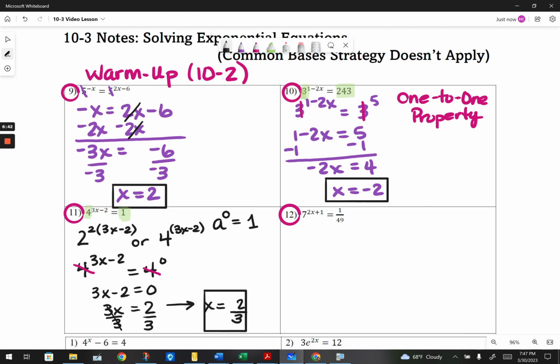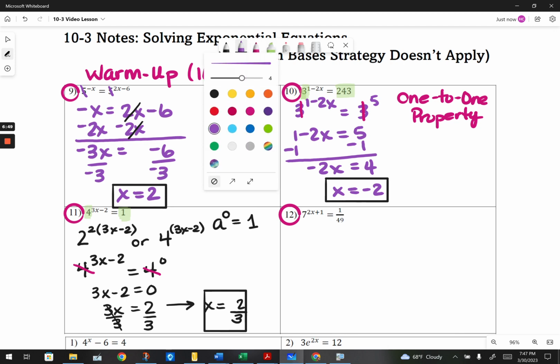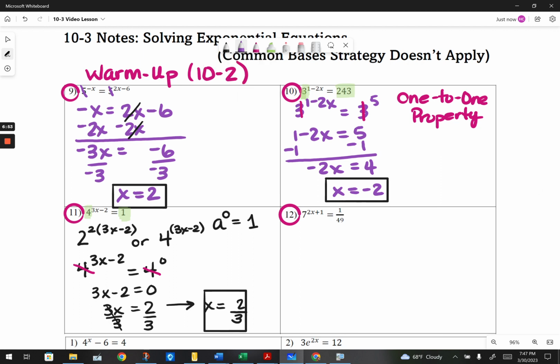All right, last one that you guys reviewed. So here we go. We had 7 to the 2x plus 1 and 1 over 49. Now, 1 over 49 I recognize is the same as saying 1 over 7 to the second power.